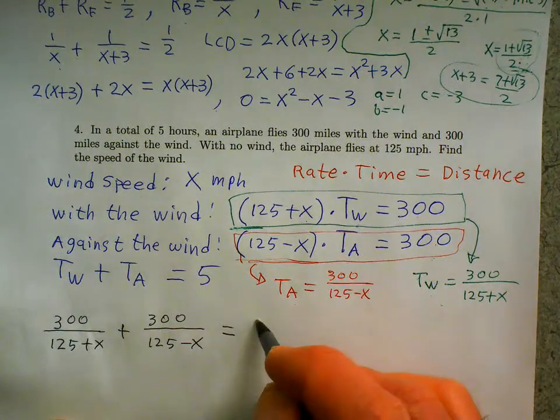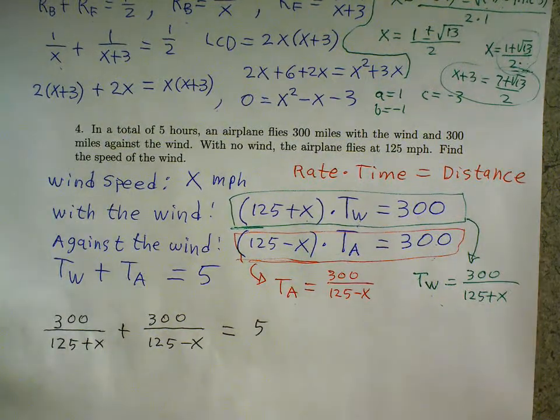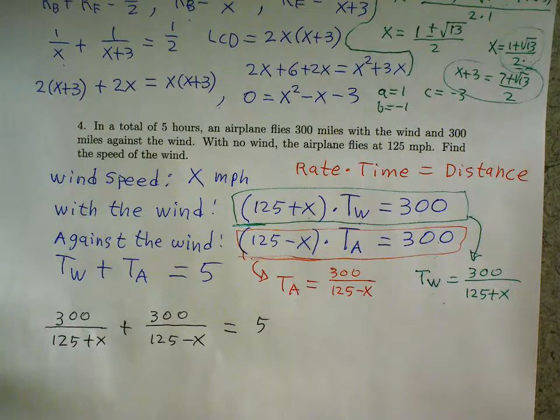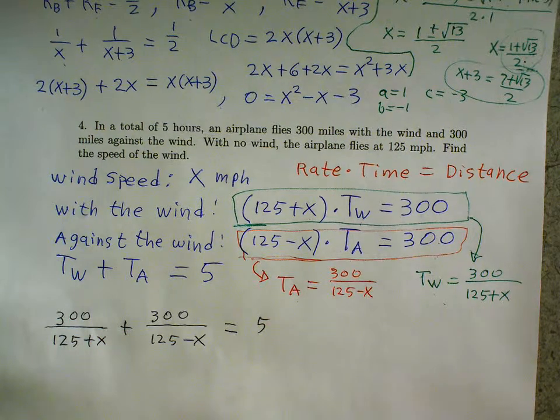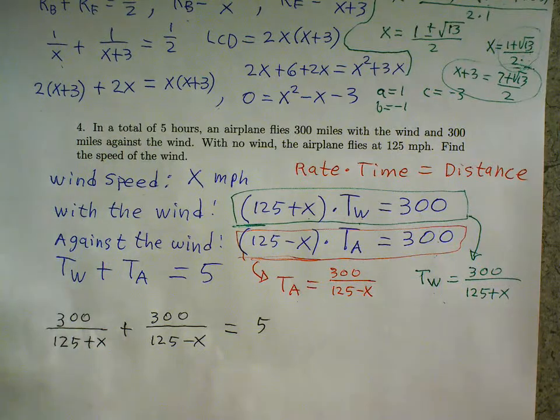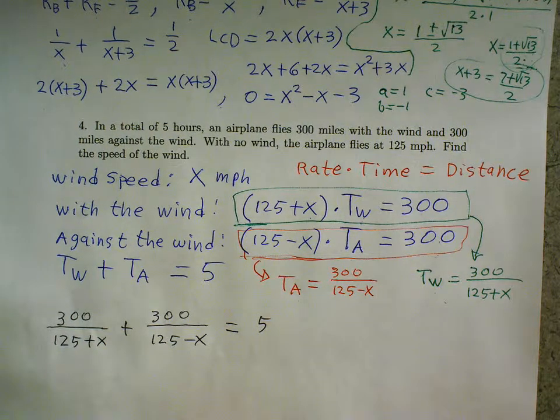And those add up to 5. Okay, we know how to solve this kind of equation. The numbers might seem a little big, but with a high-powered calculator, it's not too bad.